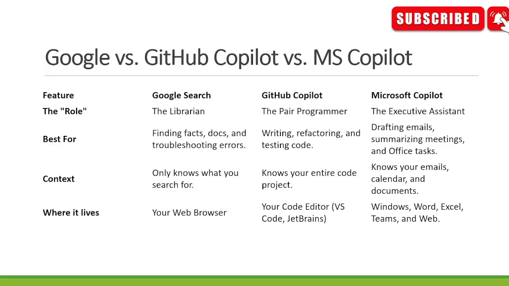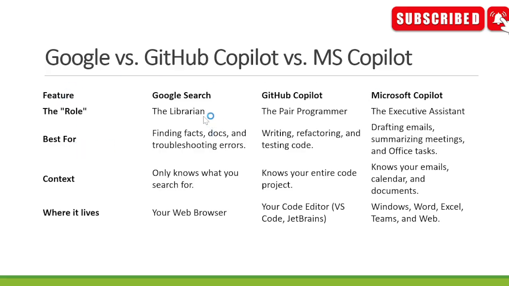It just gives you the list of information, but you go and pick what is best for you. GitHub Copilot is a pair programmer. Microsoft Copilot is an executive assistant. On your behalf it will write suggestions while you work on Word files, Excel, PPTs and all.